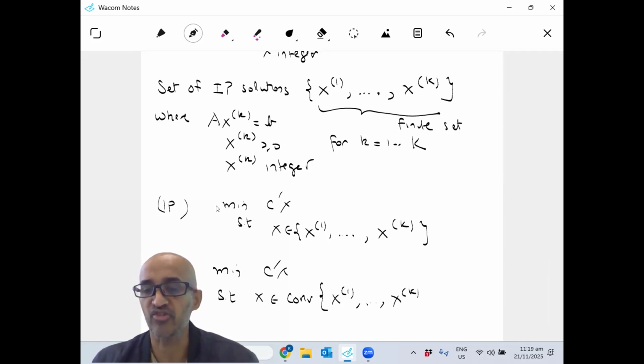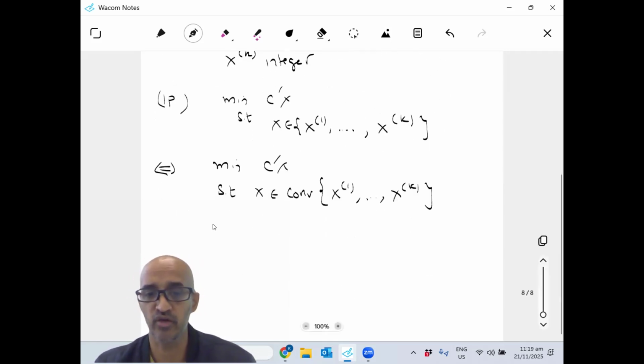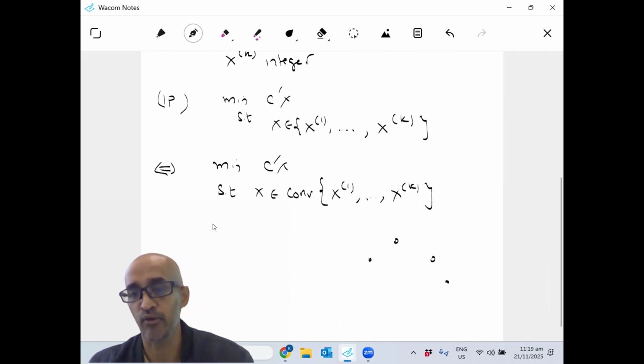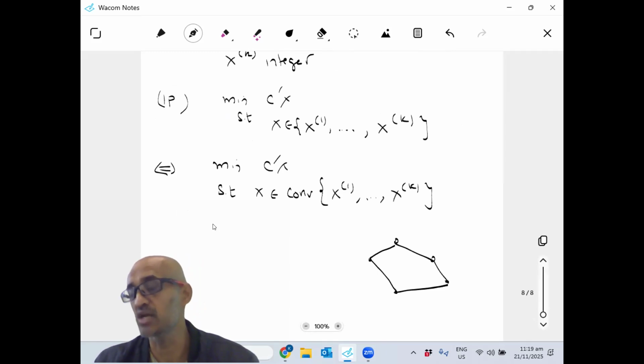If I give you a set of points and I want to find the minimum over these points, I know that the convex hull of this set, which is a polyhedron or a polytope, has extreme points that will be these integer solutions. But this is nothing but a linear program.